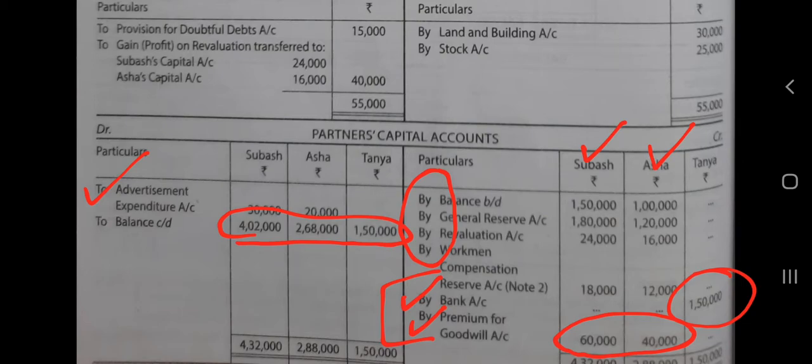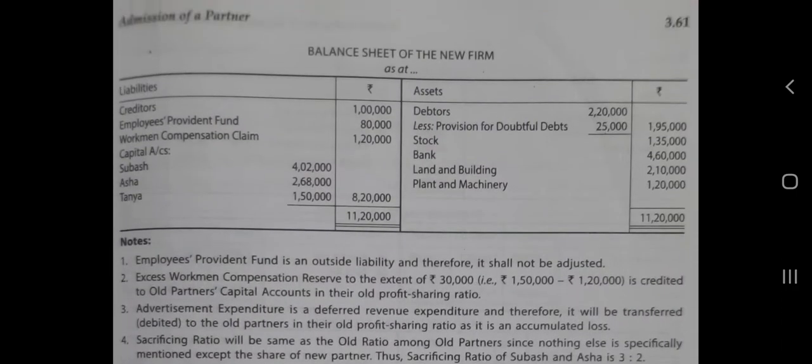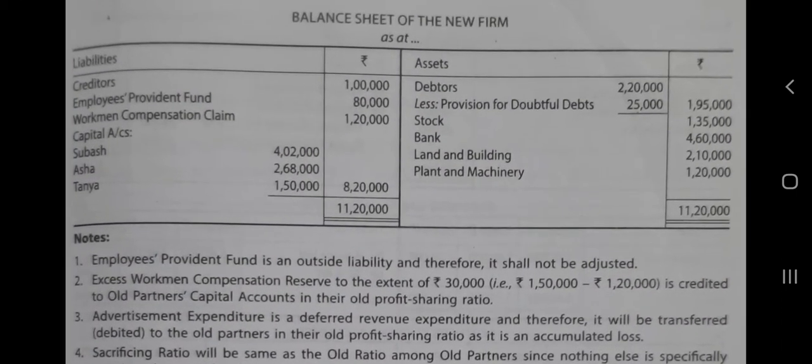And after doing all the adjustments, we will prepare the final balance sheet of the new firm. So this is the new balance sheet of the new firm. Some assets have changed, land and stock has increased, so we will increase their value. Provision for doubtful debts also has increased, so we will increase its value.